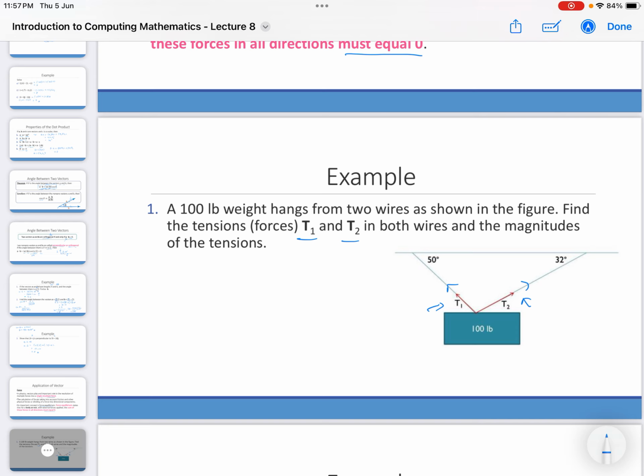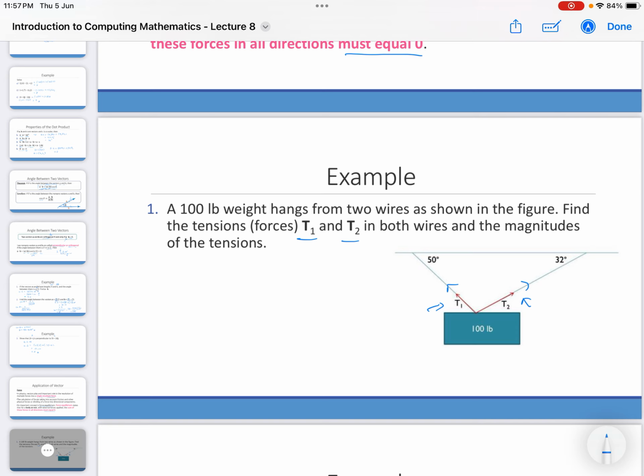Okay, and then we have a 100-pound weight that hangs. Hangs means this weight is stationary, or the body is at rest and does not move. So this is when we apply forces in equilibrium. So all the forces we add together must equal 0. So how to do this question? First, we can draw this in the XY plane.